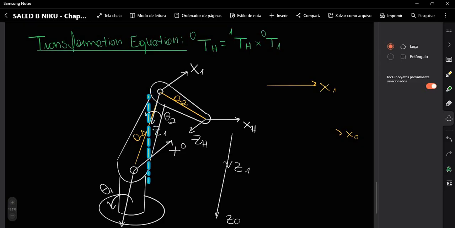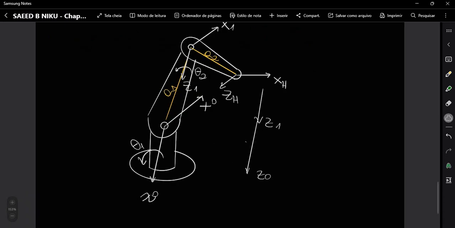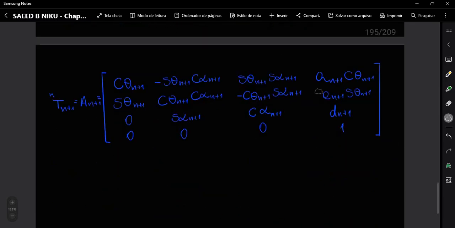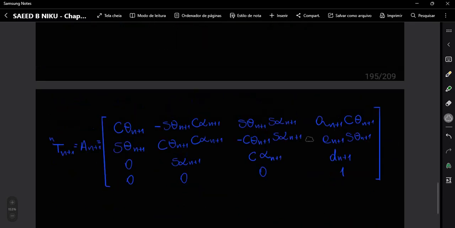But in theory, x0 and x1 are on the same plane, and because of this the distance is 0. Okay, so let's get back to the matrix.